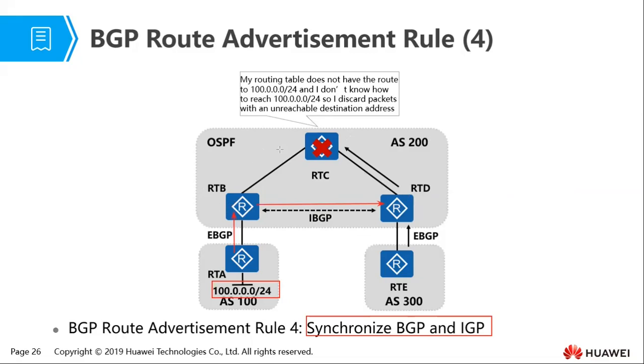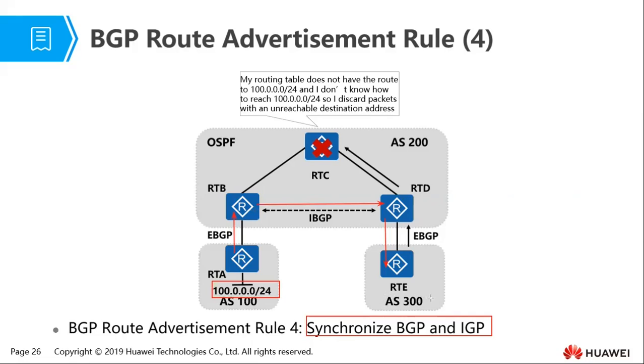So it doesn't form neighbor relationships hop by hop, router by router. No, RTB here can actually create a BGP relationship with RTD via RTC. But that means that RTC will not know and learn these BGP routes that are being shared between RTB and RTD. Now, when RTD receives that particular route 100, it's going to share it to RTE using BGP again. So that's an EBGP neighbor relationship.